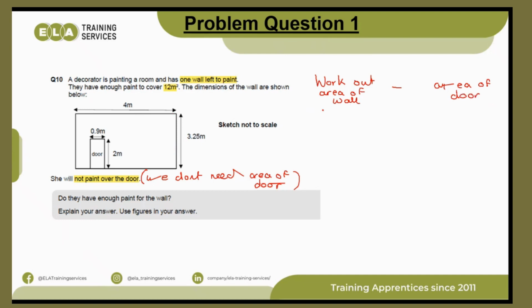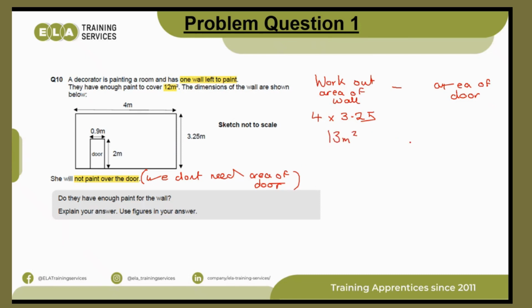So our area of our wall would be 4 times 3.25. So we'd be able to use a calculator here, pop that in, 4 times 3.25, which is 13 metres squared.